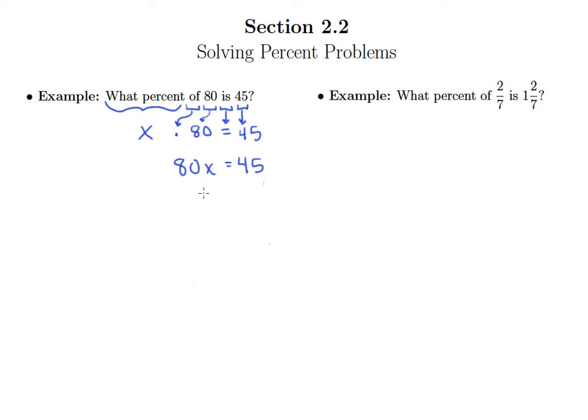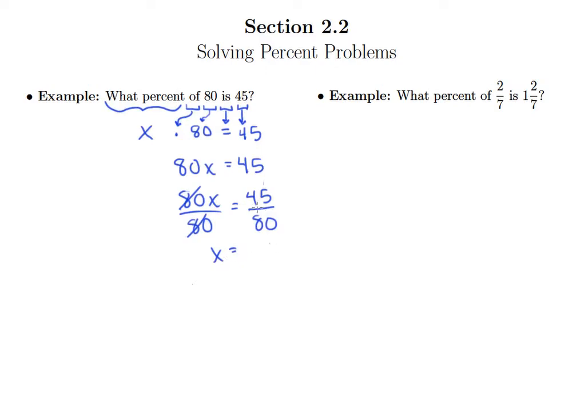And so remember from working with proportions and from the last video, we have a coefficient times x. We can isolate x by dividing by 80 on both sides. So I get x equals whatever 45 over 80 is.